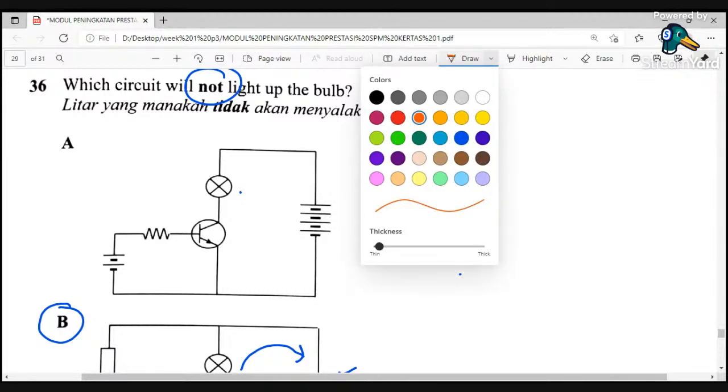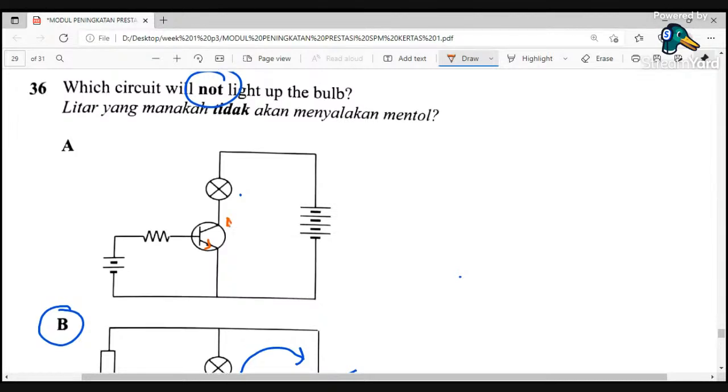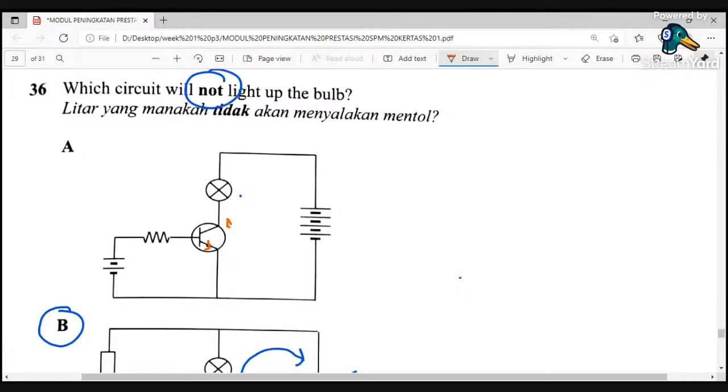Okay, first you kena check type of transistor. Kalau arrow macam ini ialah NPN.